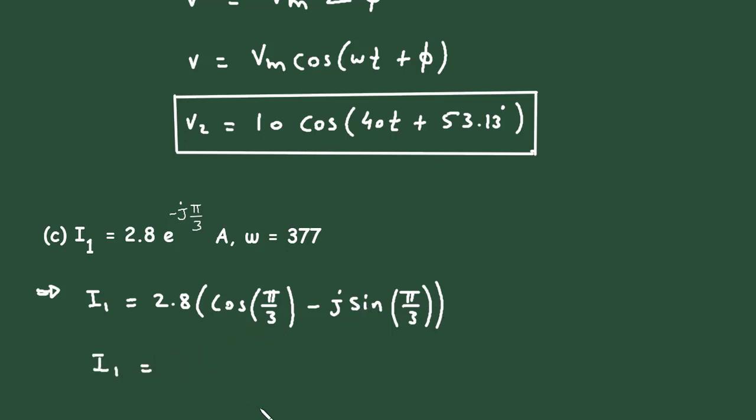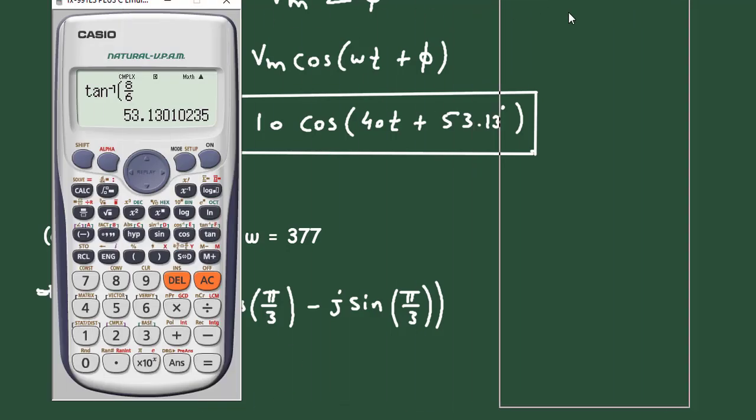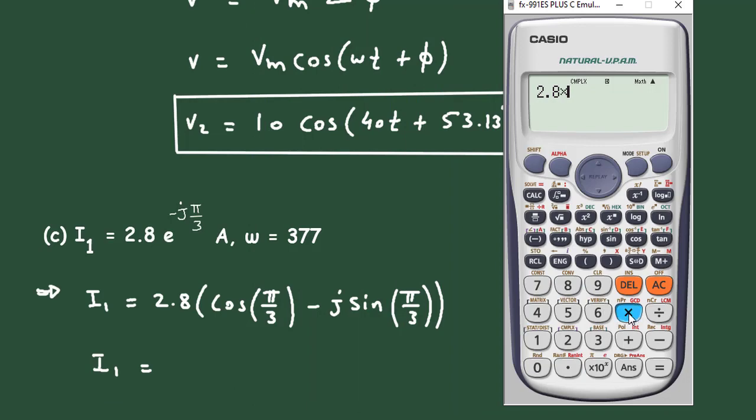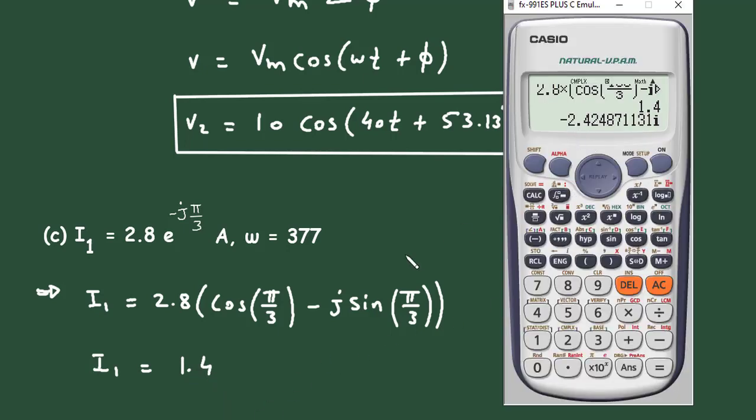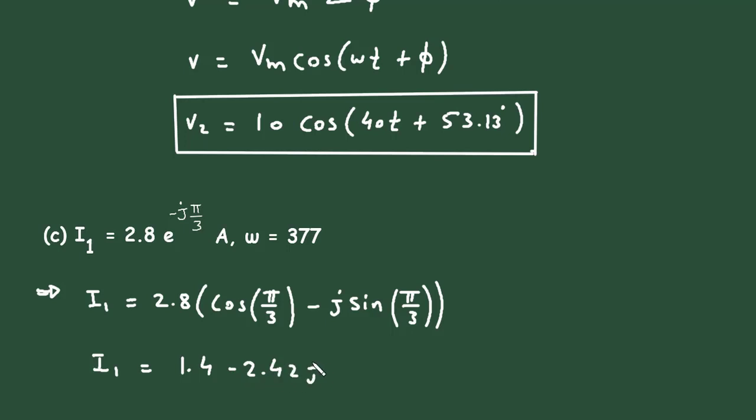So I1 is equal to 2.8 into cos pi by 3, which means 180 by 3, you can write directly, minus j sin, again 180 divided by 3, bracket close. So it is 1.4 minus 2.42 j.